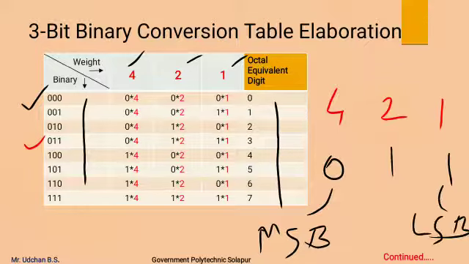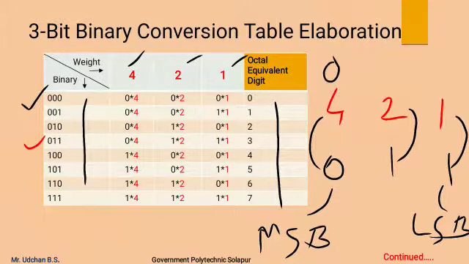Now the first 0 we are going to multiply with 4, the second one is multiplied with 2, the third one is multiplied with 1. That is 4 into 0 you will get 0, 2 into 1 you will get 2, 1 into 1 you will get 1.